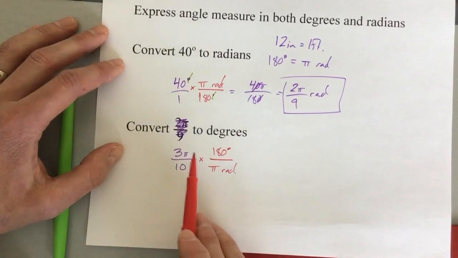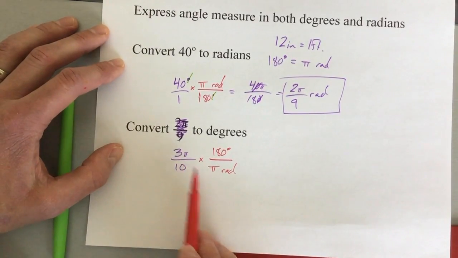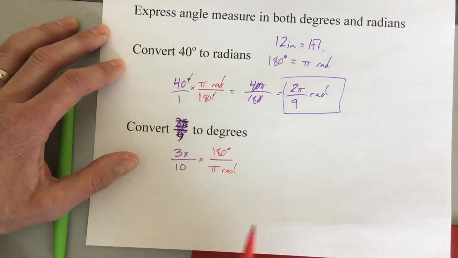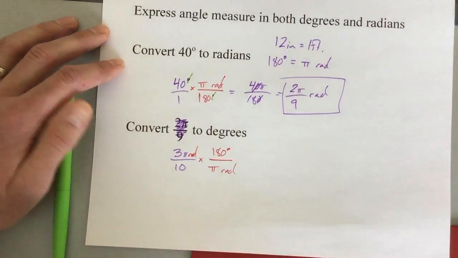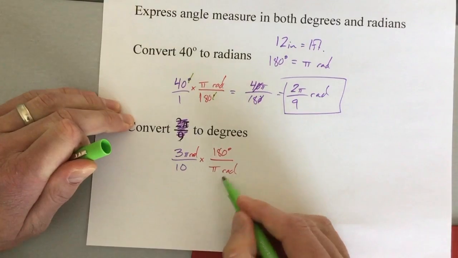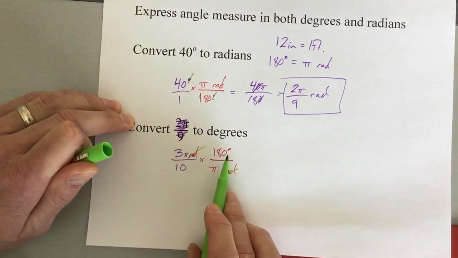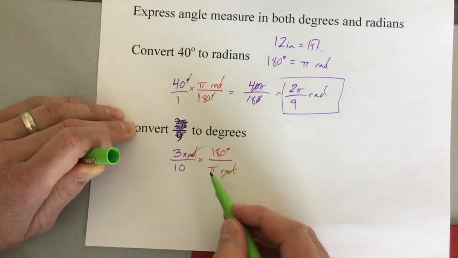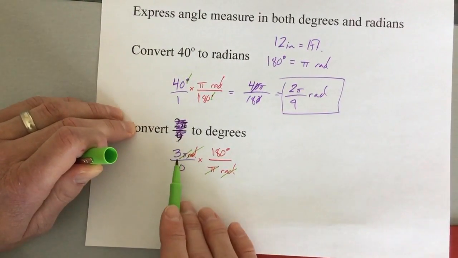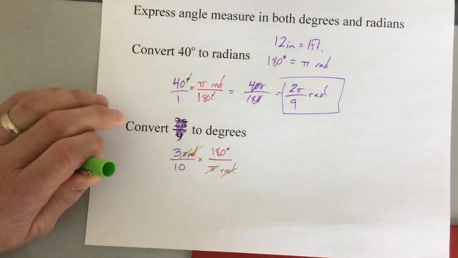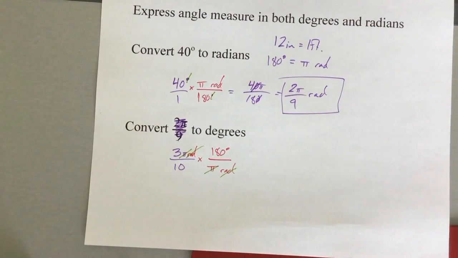Now, one thing to take note, the pi here that's going to cancel is not a label that's canceling. This is 3 pi over 10 radians, and it's that unit of radians that is canceling and converting to degrees. We just happen to get a little bonus cancellation between those pi's. Pi divided by pi reduces to 1 and divides away.